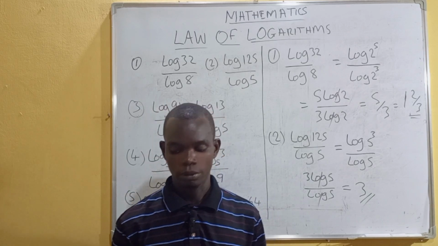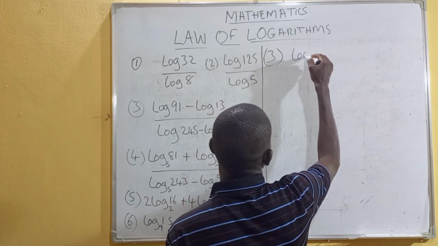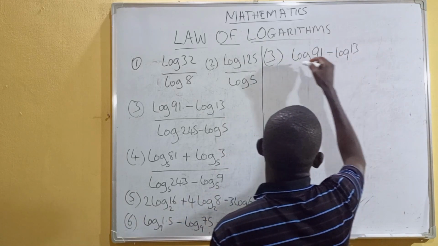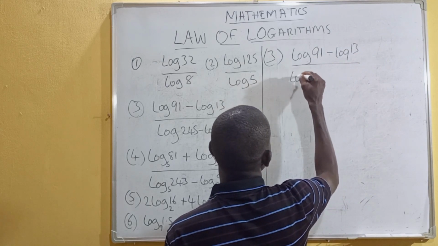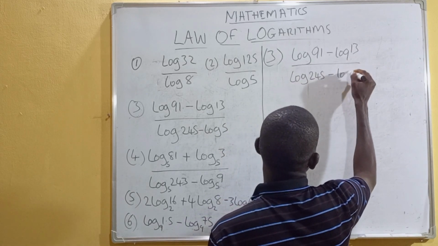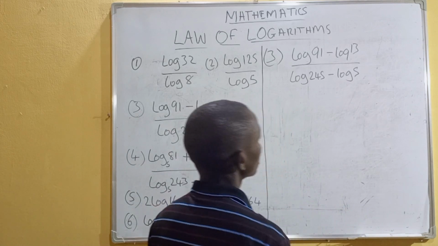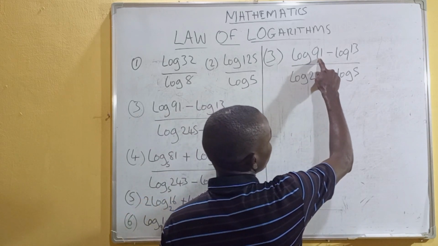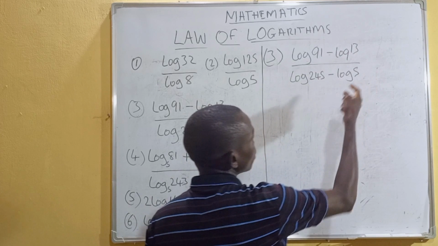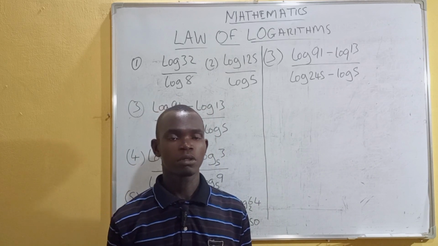Let's solve question 3. We have log 91 minus log 13 divided by log 245 minus log 5. If you look at this question, we cannot make these log numbers the same or simplify this to have this. So the best way to solve this question is to use the law of logarithm.